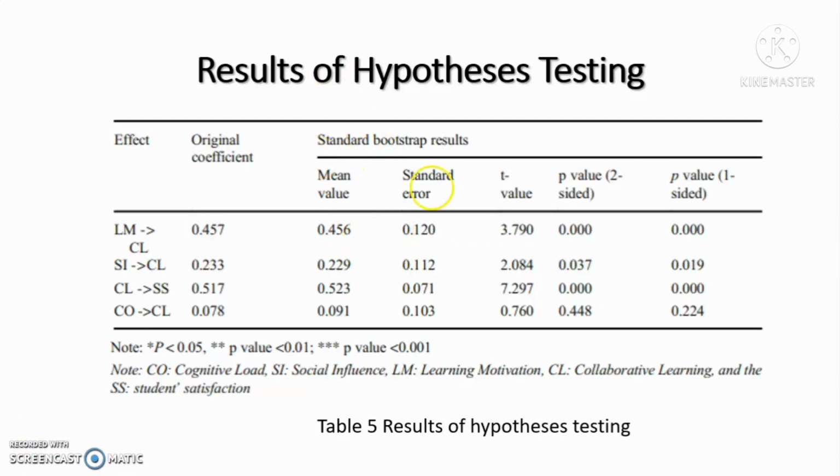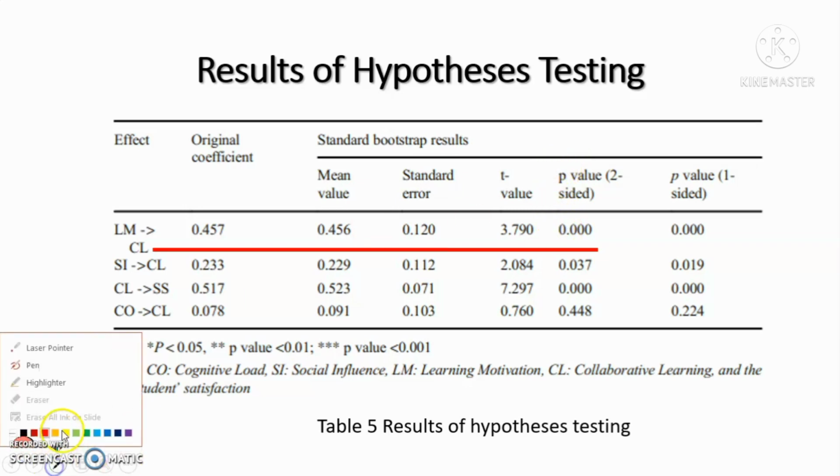Now let's see the result of hypothesis testing. As this table shows, the first one, when we see the hypothesis, learning motivation influences collaborative learning, and we can find the P value, and the P value is 0.00.